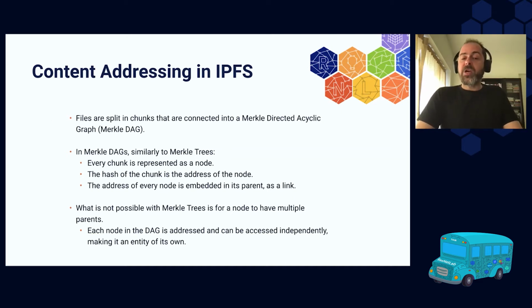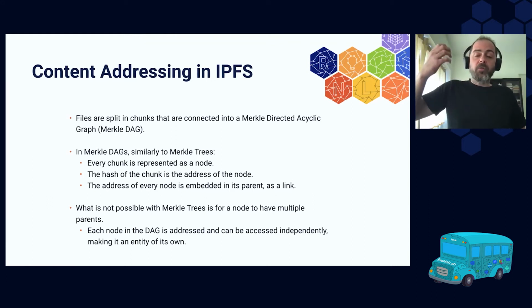The hash of the chunk is the address of the node, and the address of every node is embedded in the parent link. What this means is that if we have the address of a node, then we can compose off of that the addresses of all these nodes' children. This is very important, as we're going to see later.